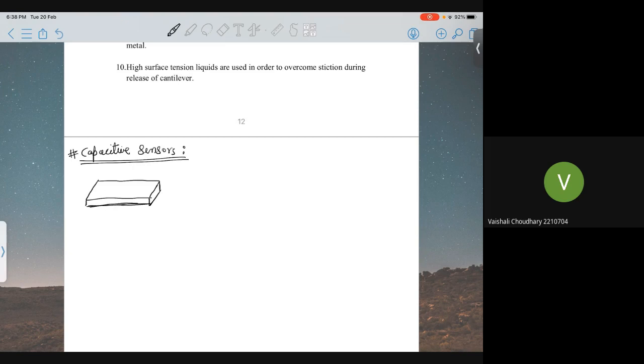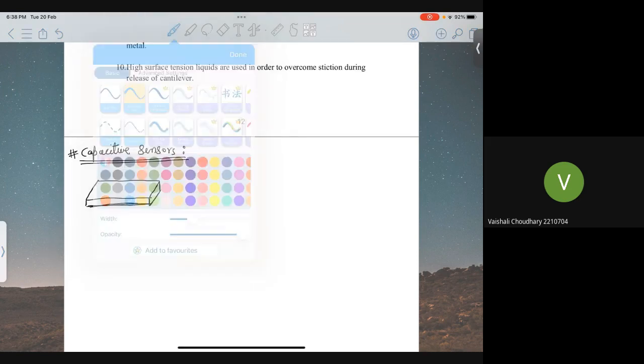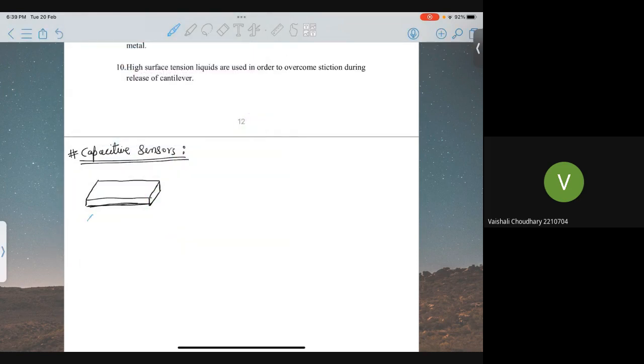So this is a moving plate, and I'm drawing the fixed plate with blue color, and the motion is in this direction.